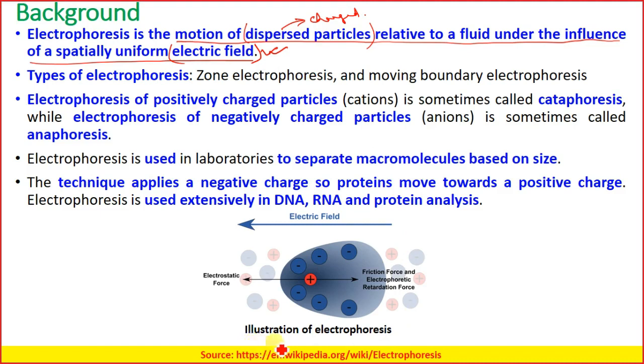So this is an illustration of an electrophoresis technique. Suppose you are applying an electric field; it is generated from plus and ends at negative. Plus means anode and the other is cathode.